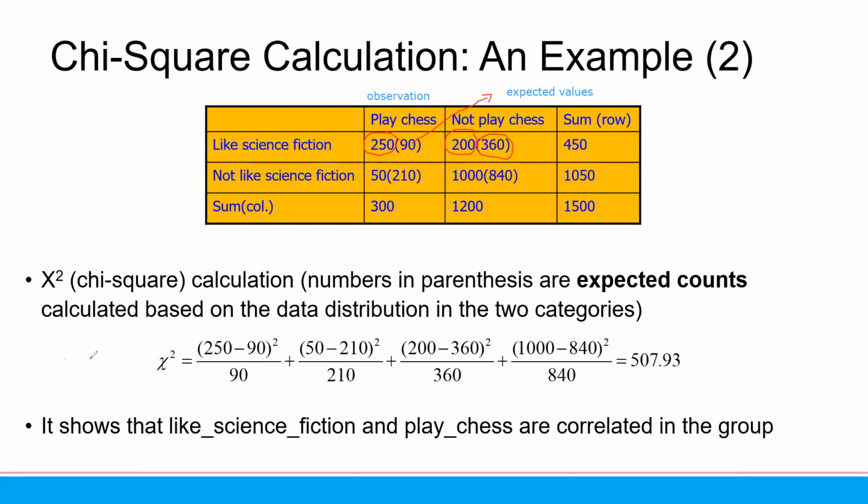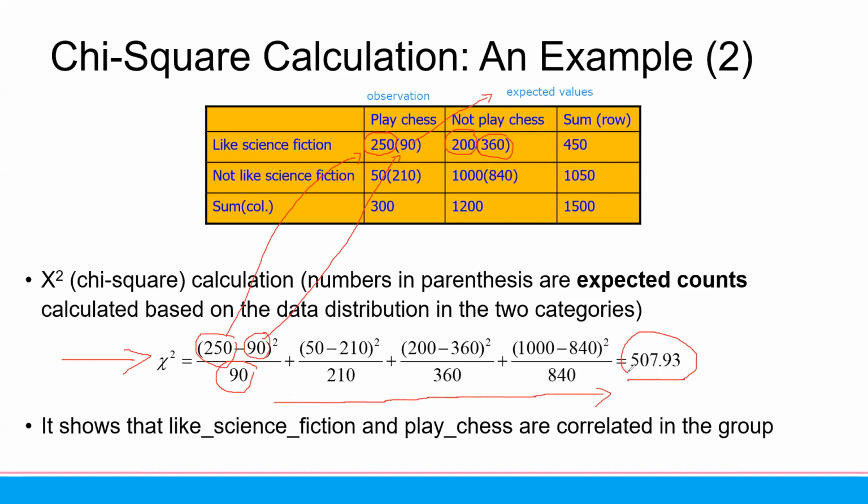So we can just put in the chi-square. 250 minus 90, where 250 is the observation, minus the expected value, divided by the expected value. Once we put this into the equation, you get the value 507.93.